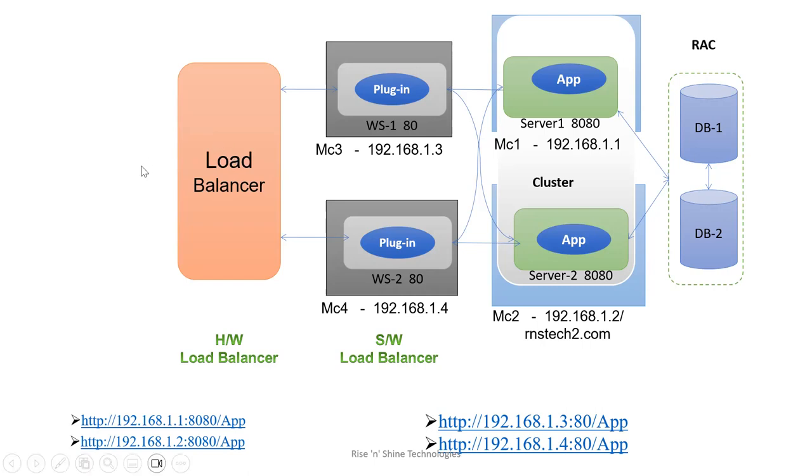That means only one endpoint, one entry point, which will be used to access the application. But in case this load balancer fails, the passive one is going to become active. That means we'll have two load balancers, but only one will be active. And whenever the active one is down, the passive one is going to become active.